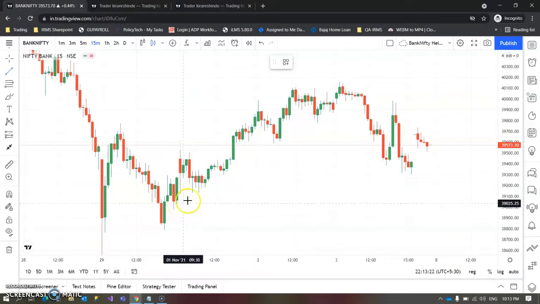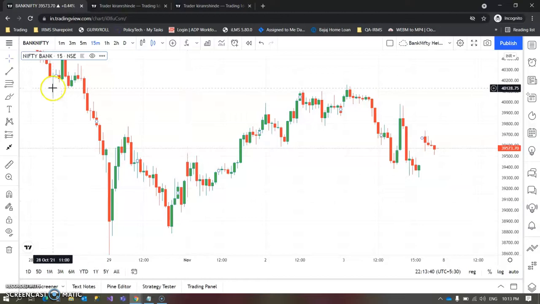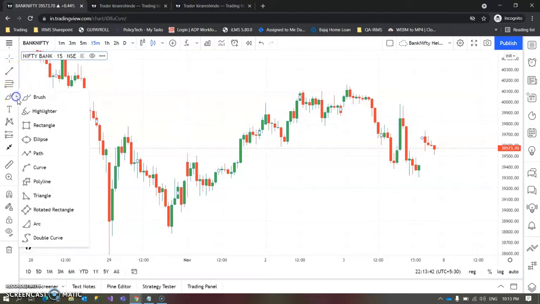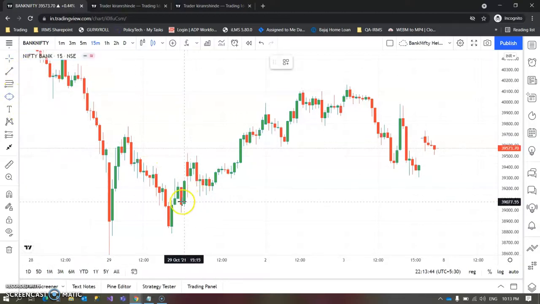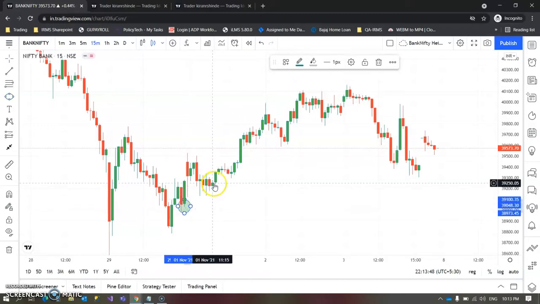What you need to do is try to connect the lows. Whenever you see the market making a bullish movement, you try to connect the lows of each swing. So if you see, when the market reversed from this particular point, it made a first swing over here.